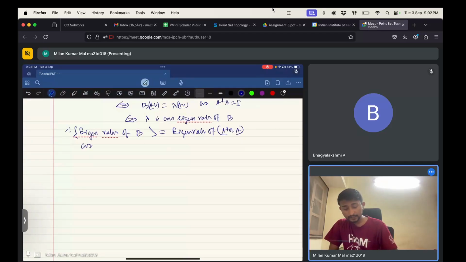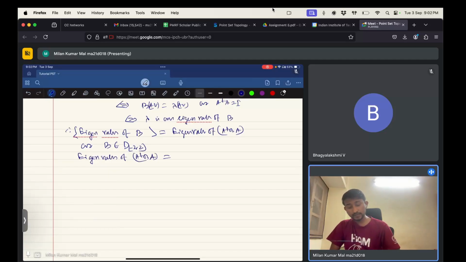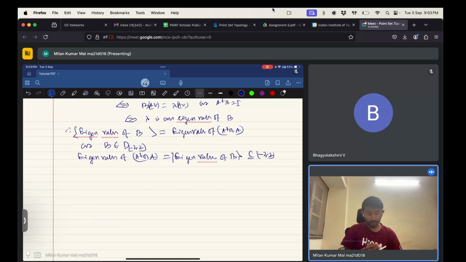So as B is coming from this particular set D, the eigenvalues of A transpose B A are the same as the eigenvalues of B, which is a subset of minus 2 to 2. That is what the elements of B mean.